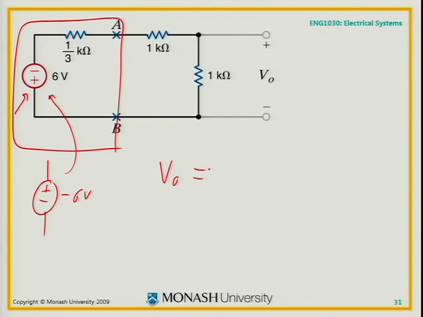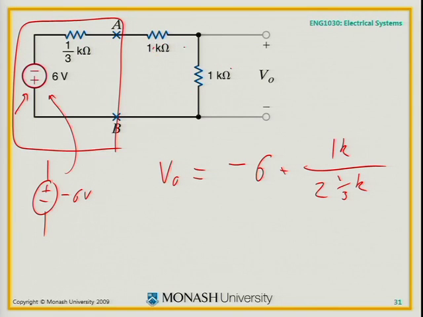V0, whichever way you want to do it, voltage divider, except it's going to be a minus 6 times 1K on the total, which is 2 and 1/3 K. 1K plus 1K plus 1/3. 2 1/3 is the total resistance.